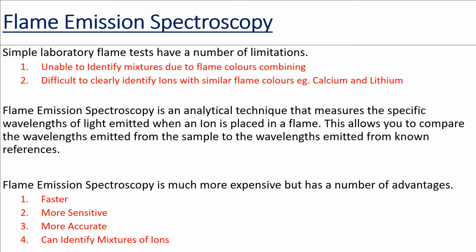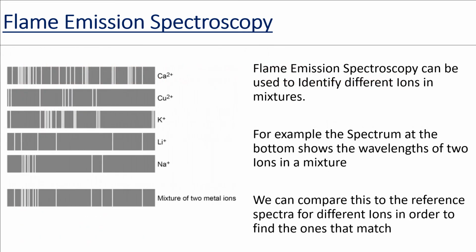In terms of what you're going to be expected to do, you're probably going to be given a spectra for a mixture, some known references to compare it to, and be asked to identify the compounds or the ions present. So if we have a look here, on the bottom left we have the spectra of a mixture.